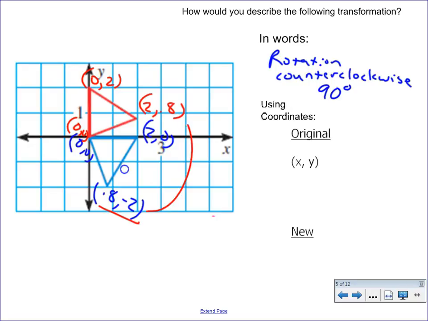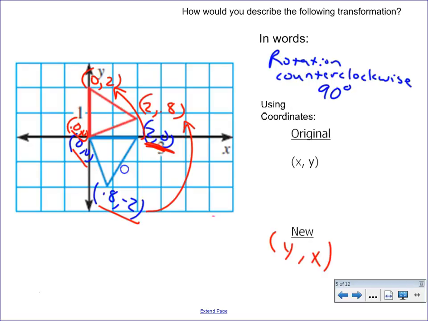So notice as we compare these coordinates, what is happening to those points? Well, it's hard to tell with these because they stay the same. Here we're going from 2, 0 to 0, 2. So it appears that they are flipping. The values flip.